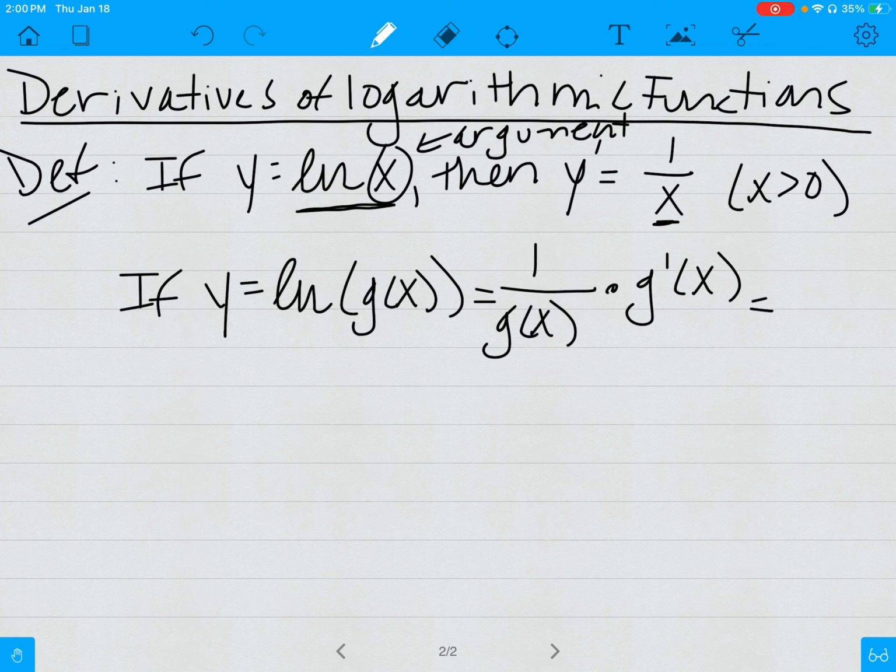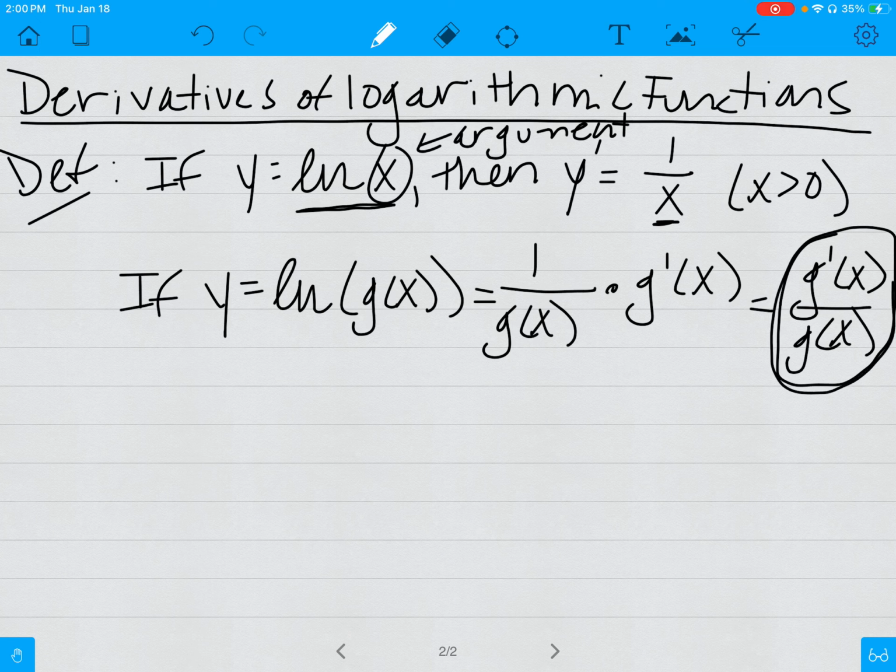And then just tidying that up a bit, we get g prime of x over g of x. Okay, and that is that second definition inside the box in the book. Again, that's just coming from applying the chain rule to the first derivative definition for the natural logarithm, assuming that our argument is in and of itself a function.